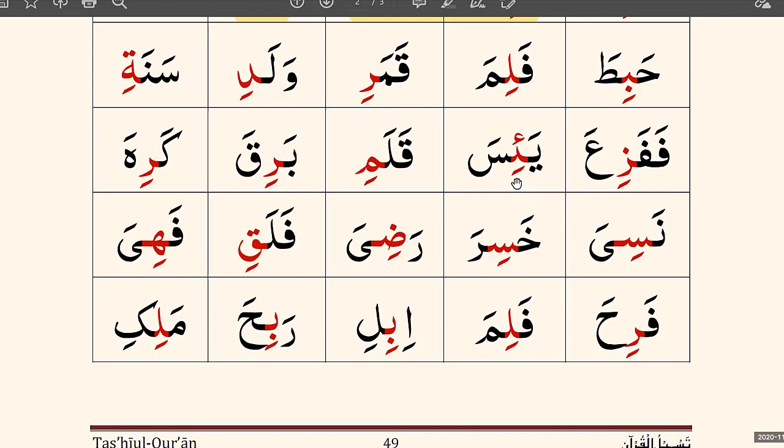Ra'a is the Arabic word. So it should be Ana Allahu Ara, I am Allah, I see. Alif Lam Mim is I am Allah, the All-Knowing, is that right? Yes, and this one is I am Allah, all seeing. You can say I am Allah, I see.